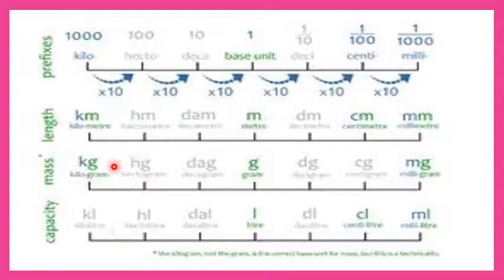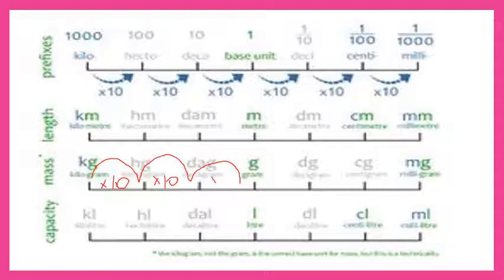If we have to make several jumps through this scale, I'm going to show you how. If I want to move, for example, from kilograms to grams, I have to jump 3 jumps. Since I have 3 jumps, I have to multiply by 10 three times, which changes to 10 to the power 3.